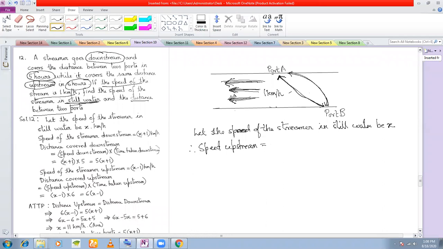What is the speed of this river? 1 kilometer per hour, right? So the speed of the streamer will decrease by 1 kilometer per hour when it is going against the flow. So this is the speed upstream, x minus 1 kilometer per hour. What is the speed downstream?